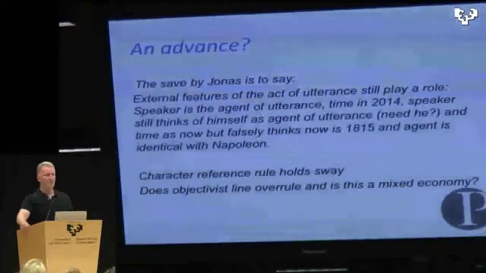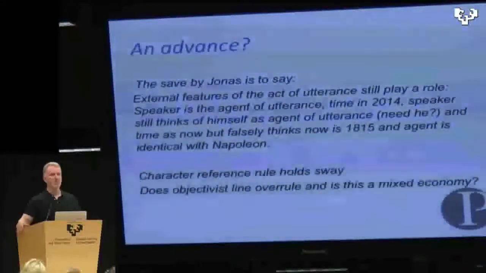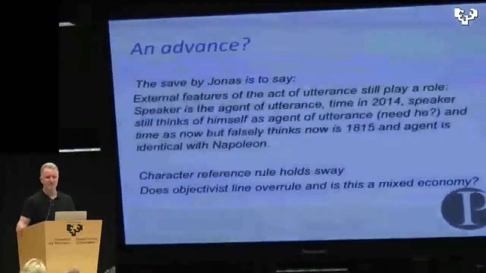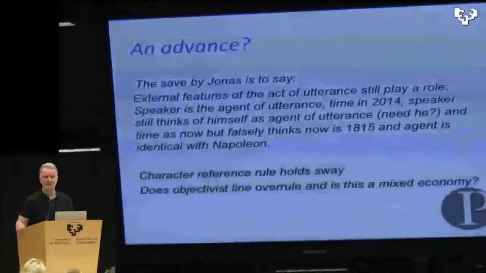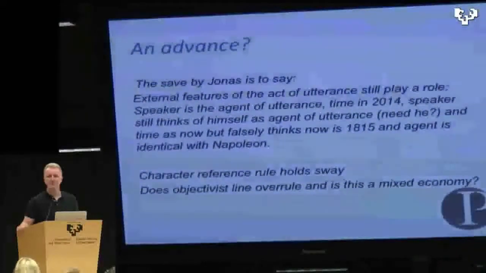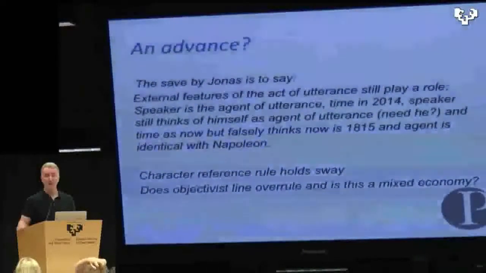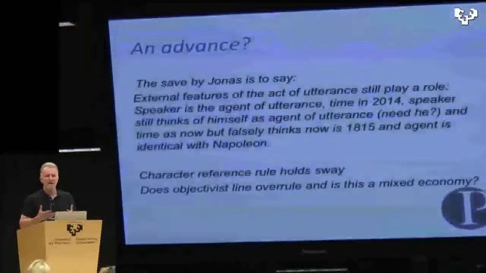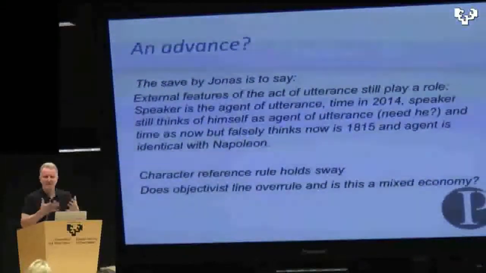So now we have the following. However delusional John is, John still thinks of himself in his conception of the situation as the agent of the utterance. But does he have to? Does he even have to think that? There are pathological cases where people suffer from thought insertion and also delusions of control in agency and schizophrenia, where somebody thinks, I didn't do that, I didn't say that, someone is making me say that, someone else is directing me.